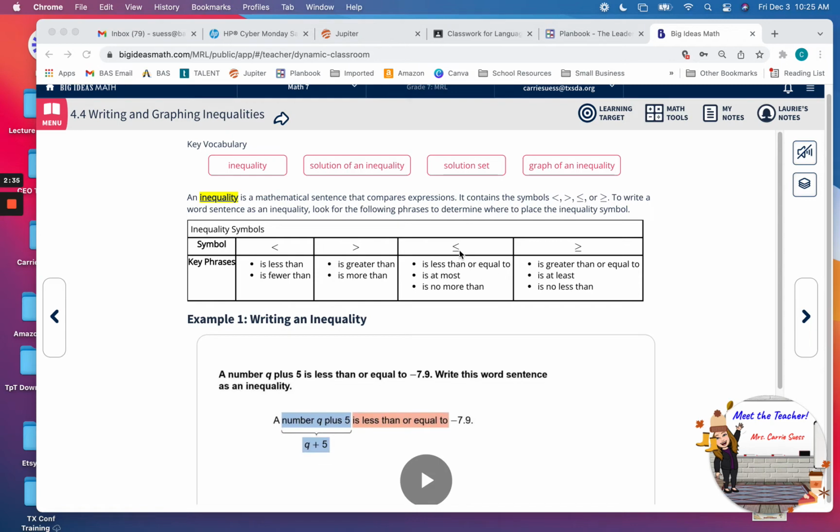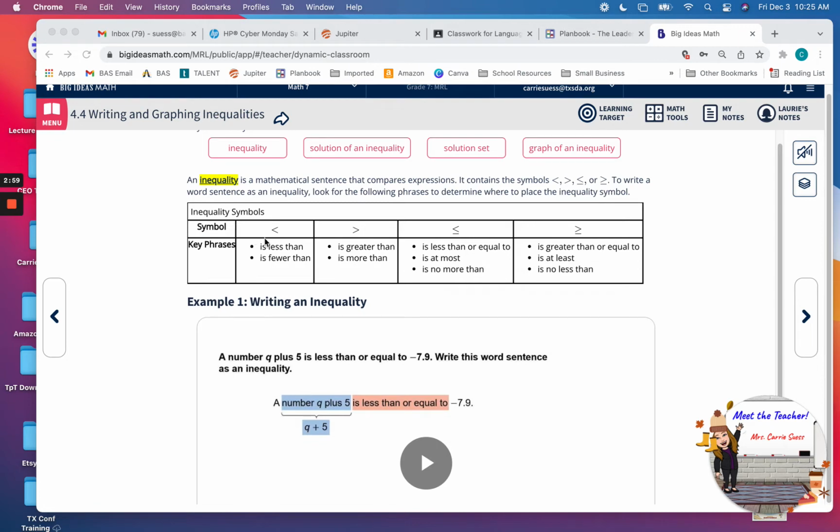Then you need to write it in your journal. This sign right here means is less than or equal to. It could also mean is at most. Could also mean is no more than. Does that make sense? So if this is new news, new news? That's funny to say. I wrote it anyways. Yes, if you know it anyways, that's fantastic. Write it. It's really good information for you to refresh your memory. Okay? I'll give you a moment.